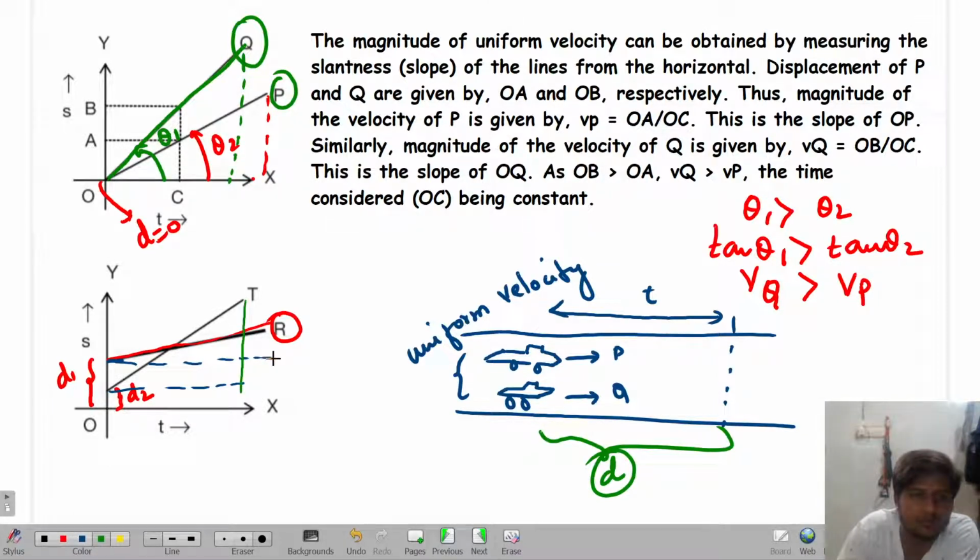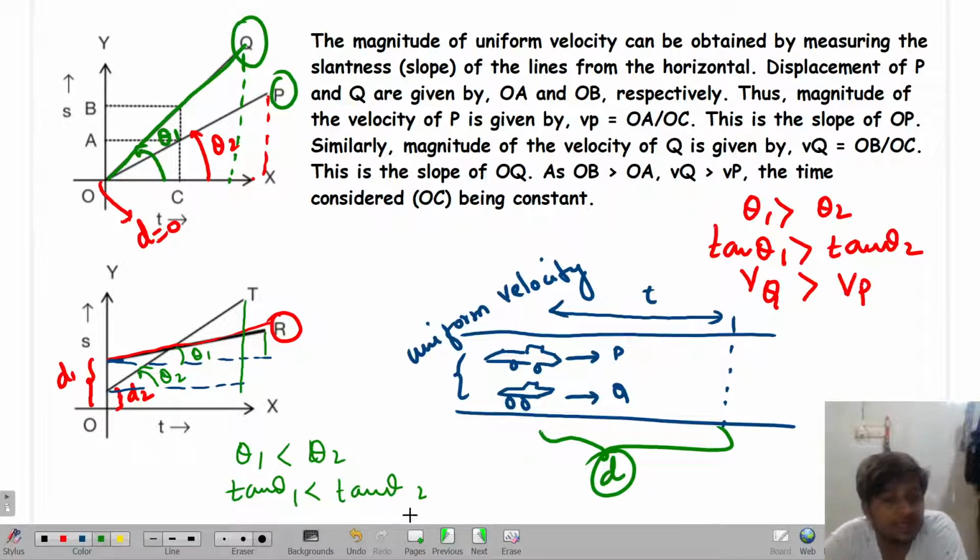I'll drop one perpendicular from both of these points. Now what you observe is that for car R I have theta 1, and for car T I have theta 2. Theta 1 is very much less compared to theta 2. Theta 1 is less than theta 2.